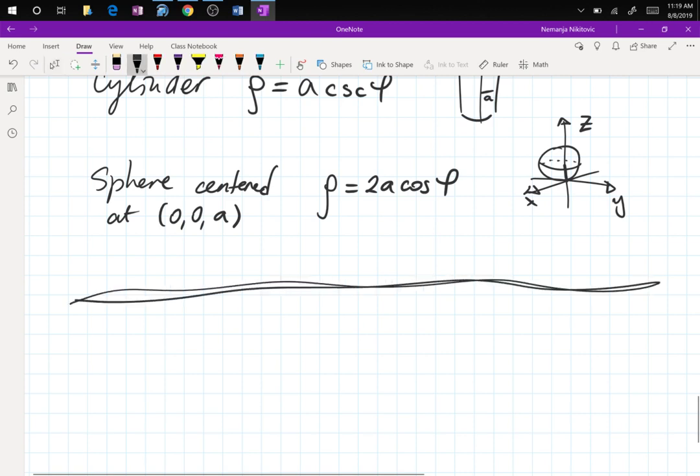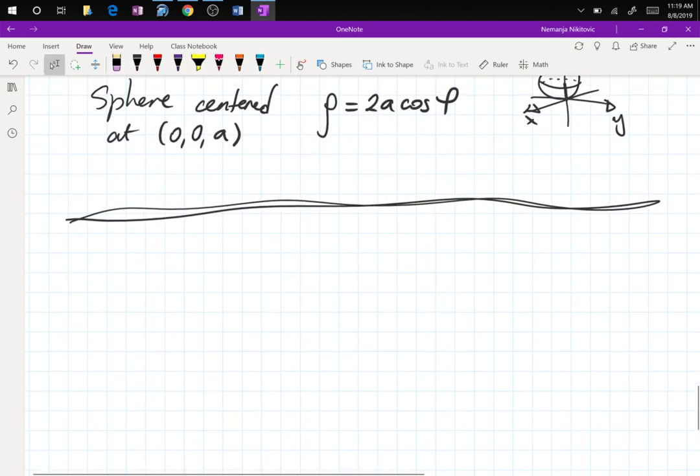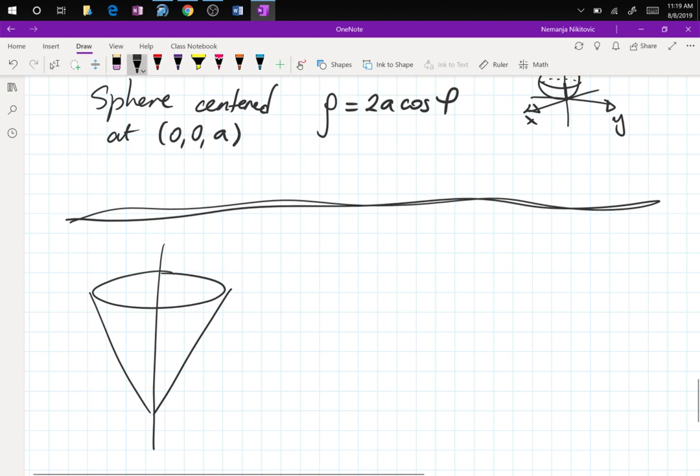So one of the easiest problems, obviously, is the sphere. The next one on the list would be this cone that has a flat top. And it's pi over 3 right there.